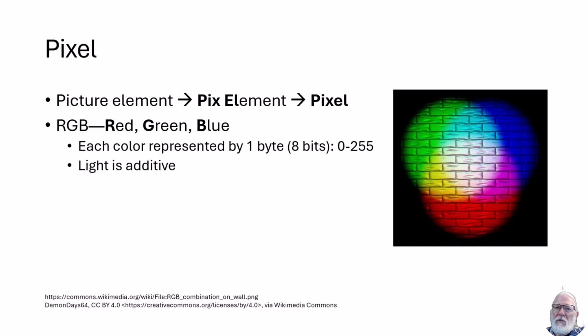And that limit is established because it's stored in 8 bits. 255 is the largest integer that can be represented in 8 bits, 0 being the smallest. So it's a range of 0 through 255. And that's stored in 1 byte per color component. So to represent the entire pixel, all 3 color components, we require 3 bytes or 24 bits.